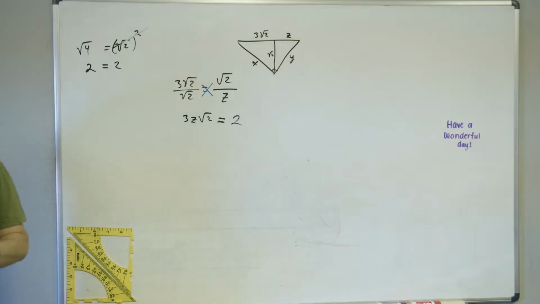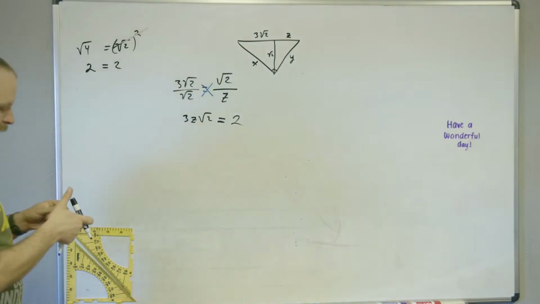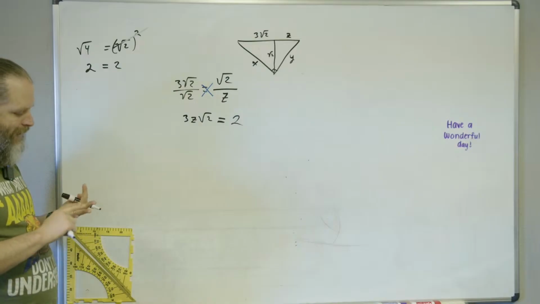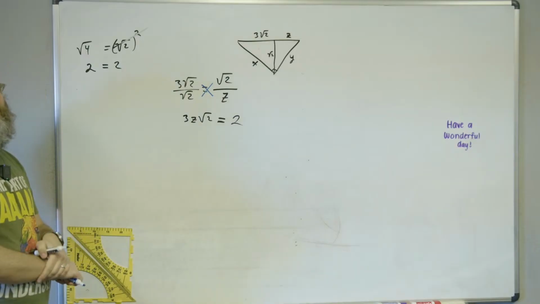Now what? What's attached to z? What else? The 3. And the square root of 2. True enough. How are they attached? Are they added, subtracted, multiplied, divided, or something else?